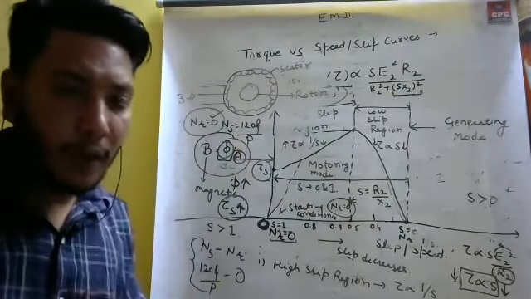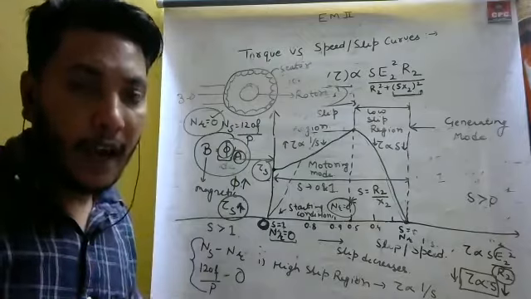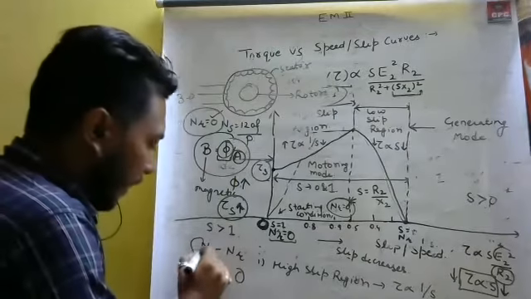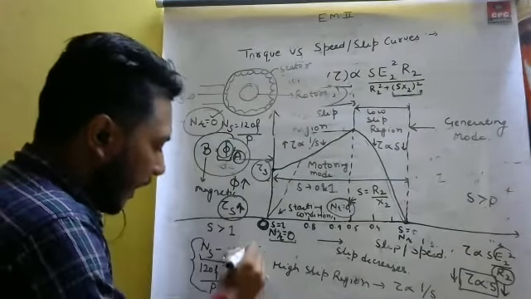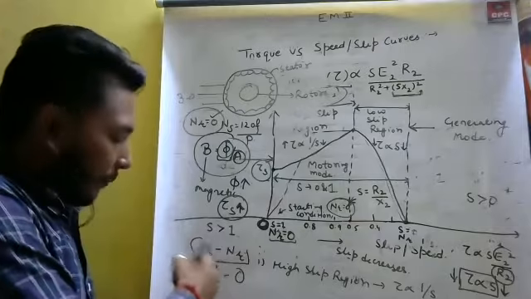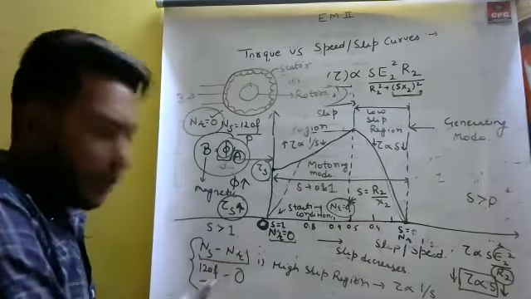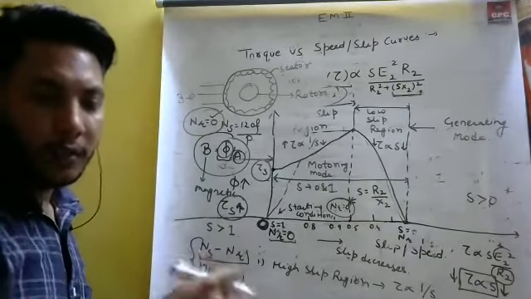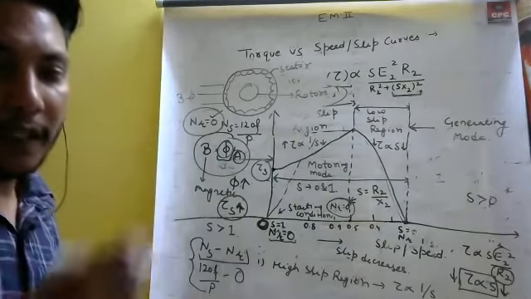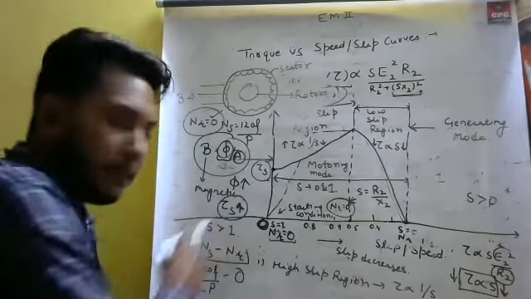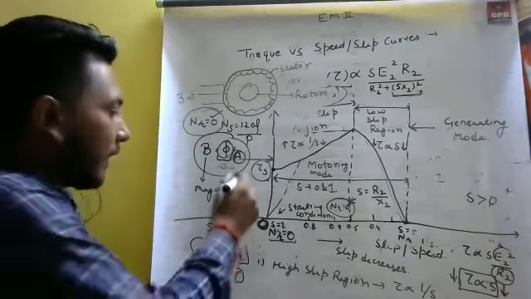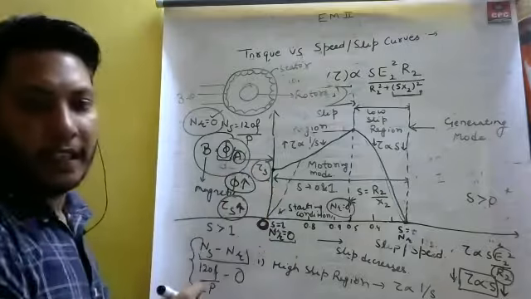So if we subtract ns minus nr, the relative speed between the stator and the rotor is very high. If the relative speed between the rotor and the stator is very high, the flux cut is also very high.